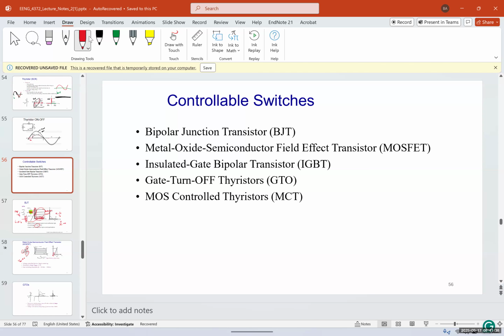They have made a comeback recently with some modifications. We have the metal oxide semiconductor field effect transistor. We call them MOSFETs. We have the insulated gate bipolar transistors or IGBTs. We have the gate turn off thyristors or GTOs. We have the MOS controlled thyristors or MCTs.